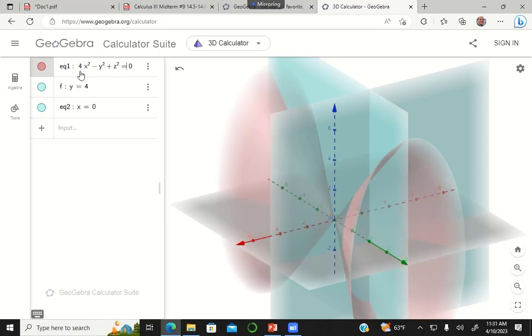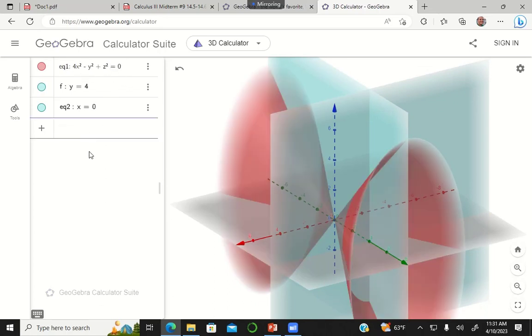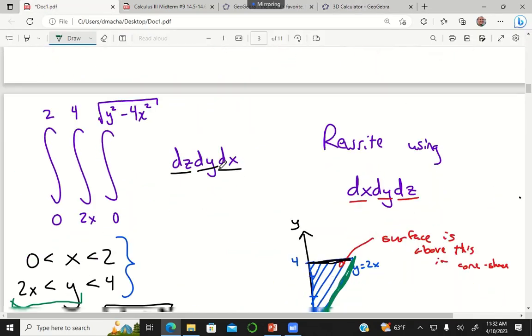GeoGebra is a little bit tricky to use, but if I can get it to work, it could be helpful. So I should say, if z is greater than 0 and x is greater than 0, let me just try to graph the original triple integral.